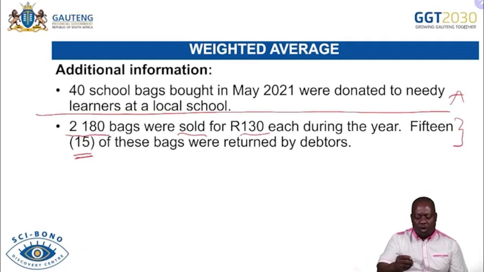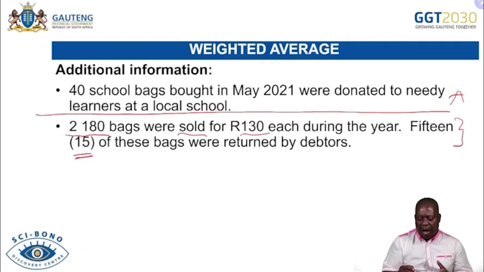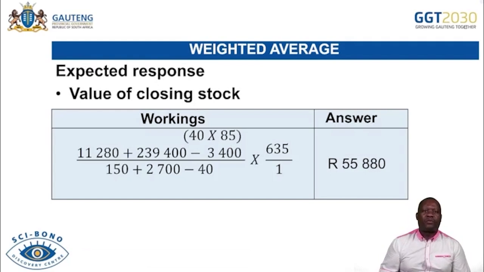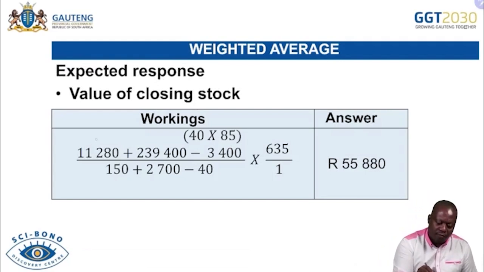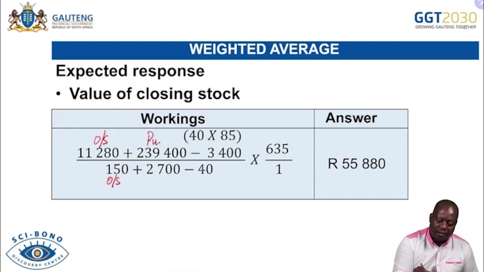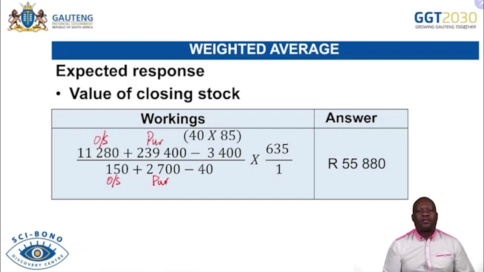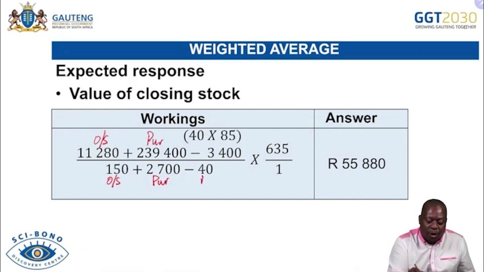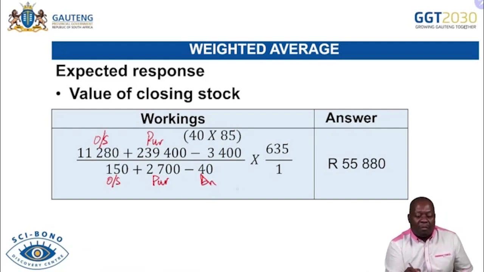Now let's go to how we go about making the calculation. It's going to be simple. Opening stock: remember, this is opening stock value, and this is opening stock units. Plus, this is our purchases value. This is our purchases units. Minus, this is our donation number of units.